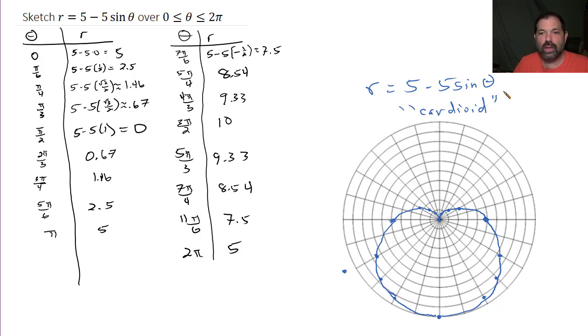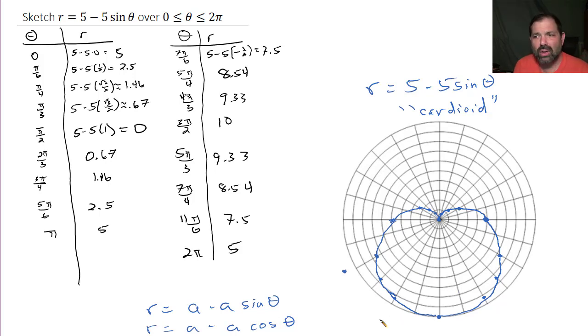And we get a shape like this whenever we have the graph of r equals some a minus a sine theta, or r equals some a minus a cosine theta. We get a shape that's similar to this. It might be a different rotation or a flip, but that same basic shape.